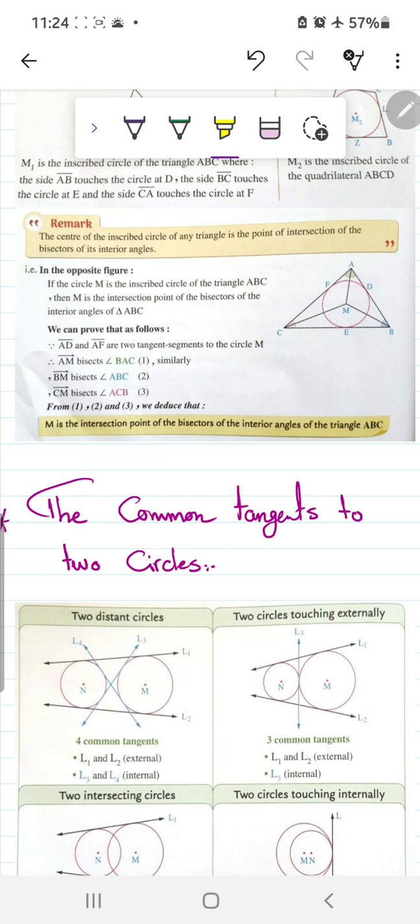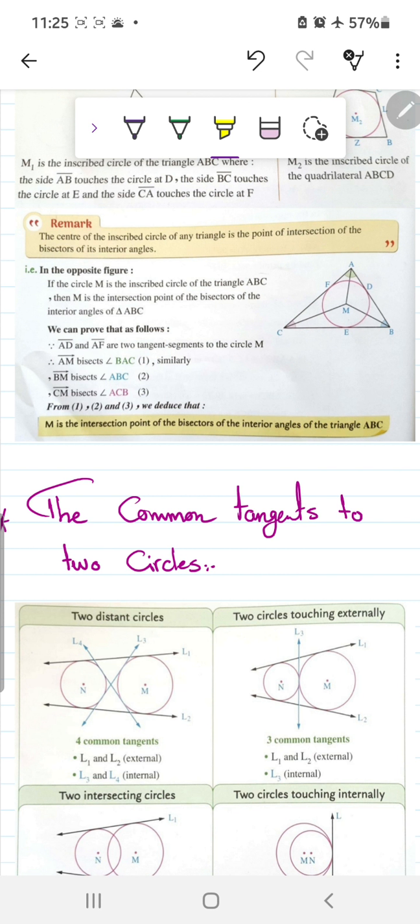We have a remark. The center of the inscribed circle of any triangle is the point of intersection of the bisectors of the interior angles. It means here in this figure, BM bisects angle B, AM bisects angle A, and CM bisects angle C. So the point of intersection of the bisectors of the interior angles is the center of the inscribed circle.